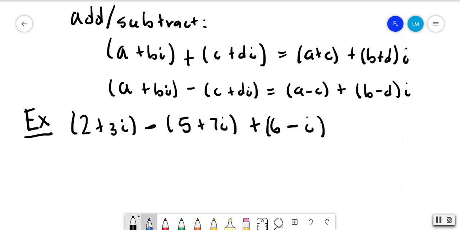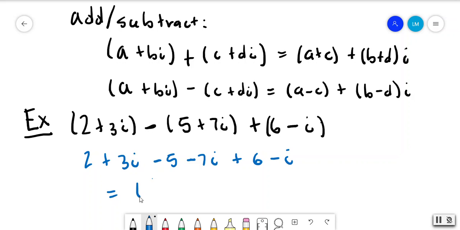For this one, we can break the parentheses and work from left to right. So 2 plus 3i minus 5 minus 7i plus 6 minus i. We can group the reals: minus 5 plus 6, and then plus 3 minus 7 minus 1, times i.